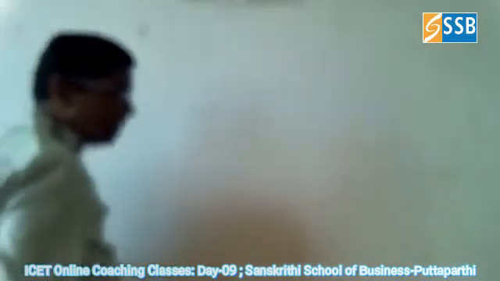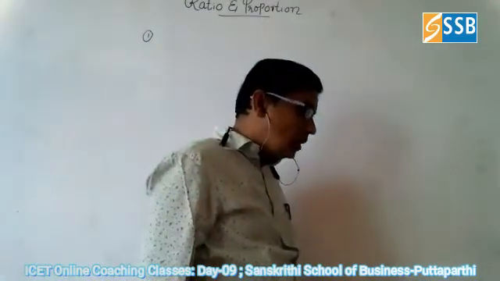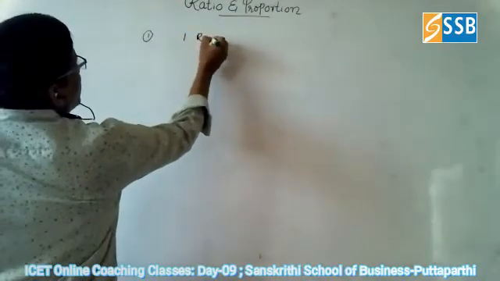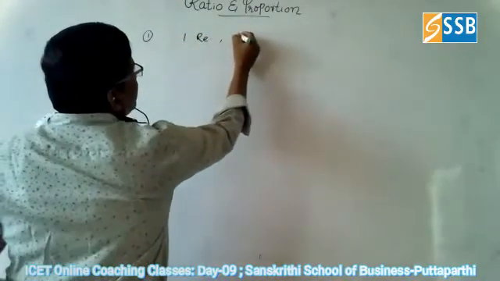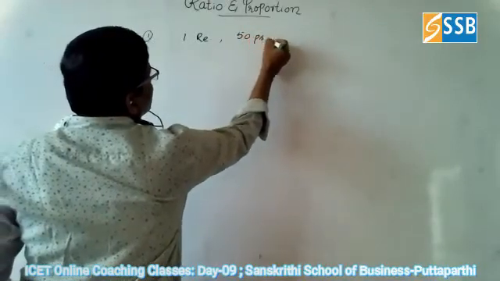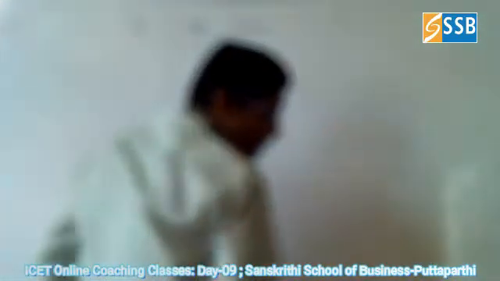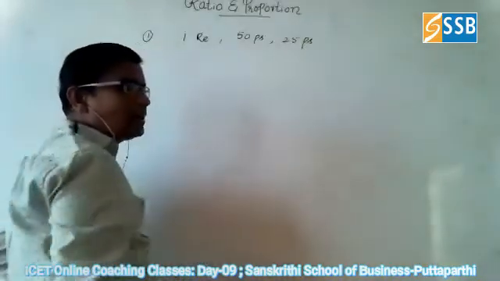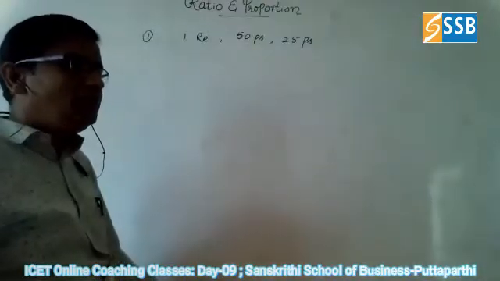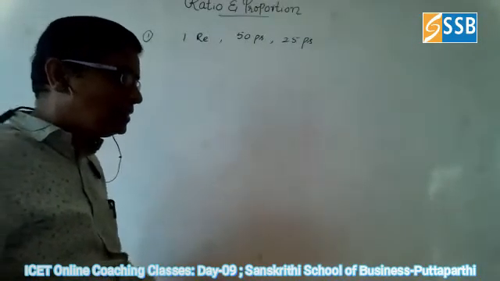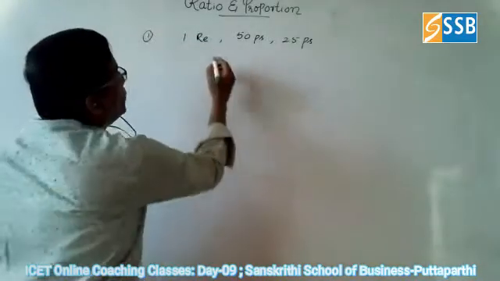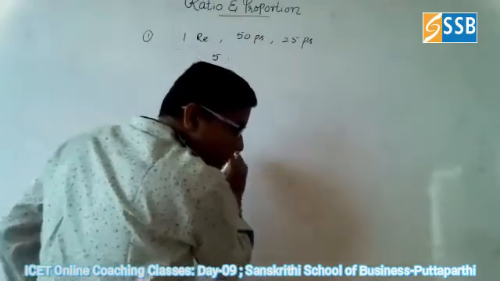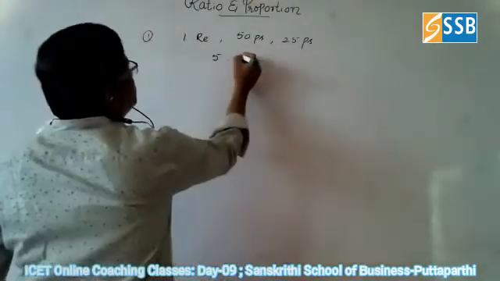A bag contains 1 rupee coins, 50 paise coins and 25 paise coins in the ratio 5:6:7.